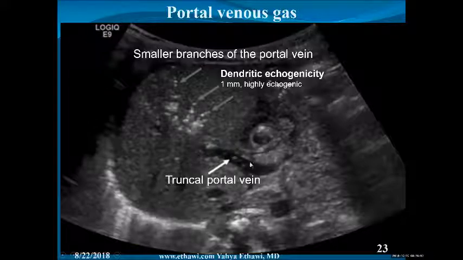So you put the Doppler and you don't see clear red or blue. You will see that there is change in color. You'll see green, you'll see yellow, you'll see orange. So you'll see turbulence of color. You know that this is vessels, and you'll know that there is something wrong inside it. And you can see there is dots in here, and then dendritic in the small branches of portal veins.